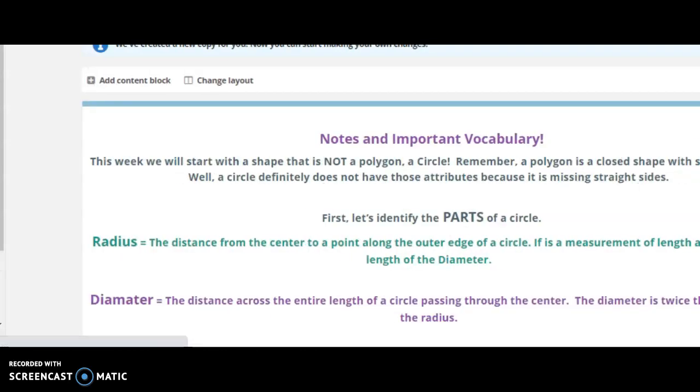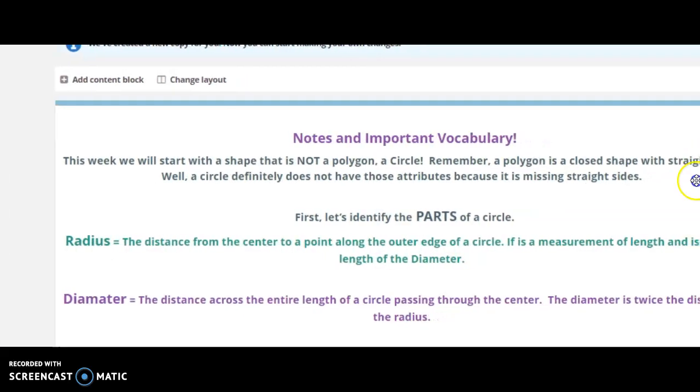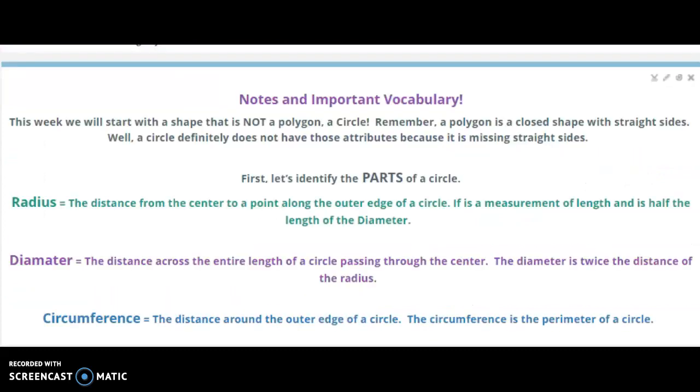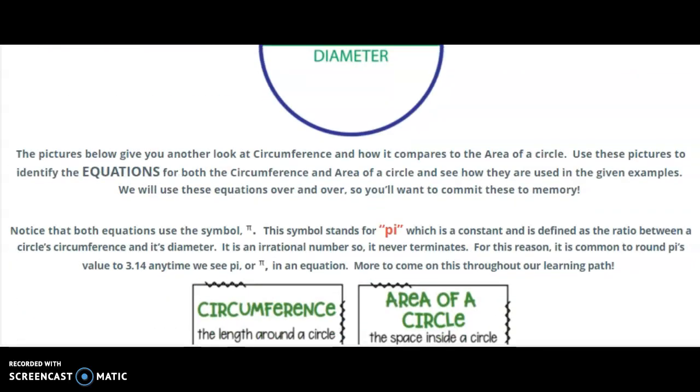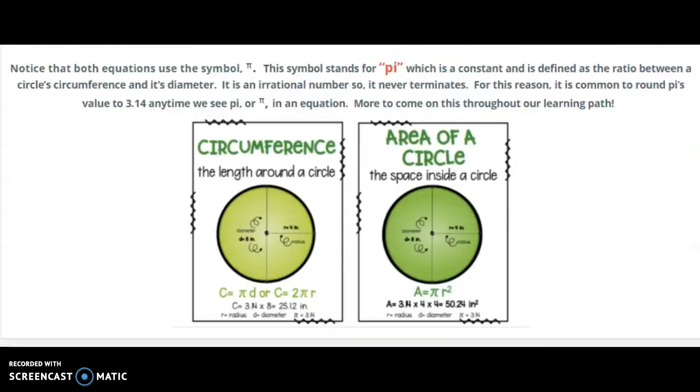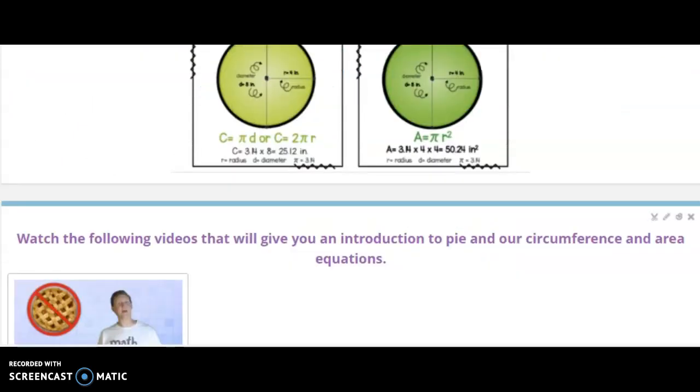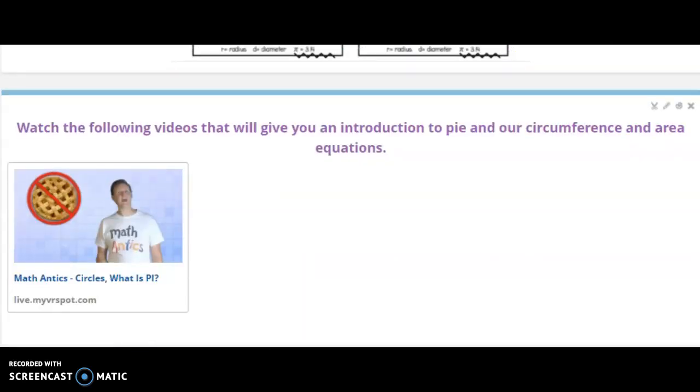Okay, so step 1 is an introduction that is very important for you to look at and read through, and these are your first notes for this topic. So lots of vocabulary that you'll want to make sure that you take note of. Some equations, these are going to be very important, and we're going to use those continuously throughout this learning path and this unit.